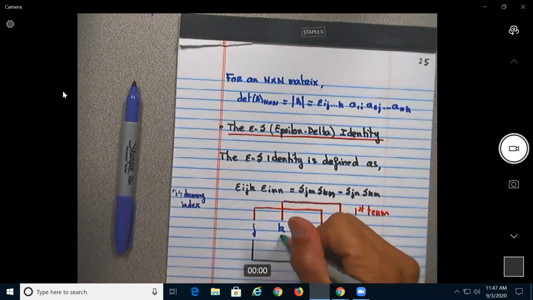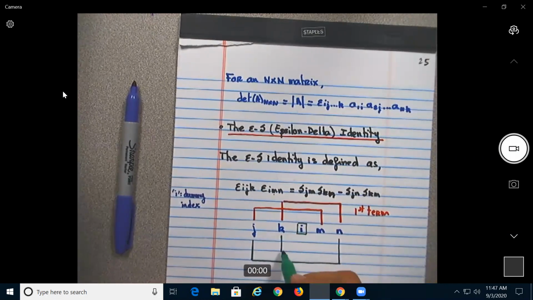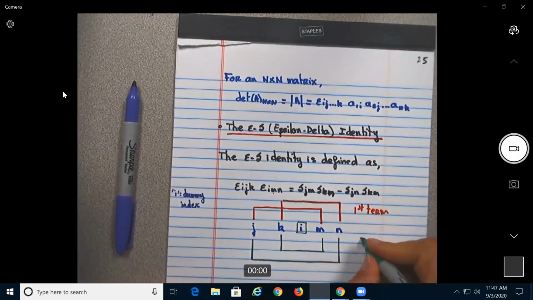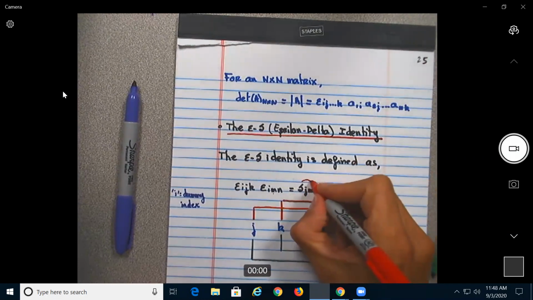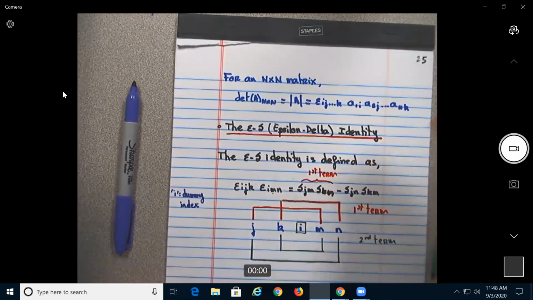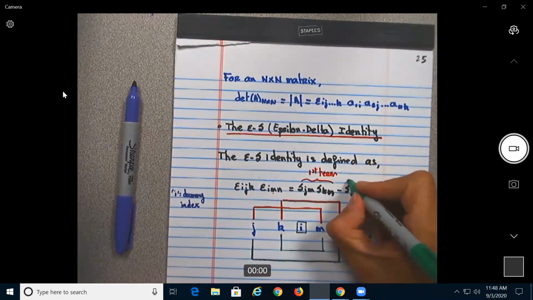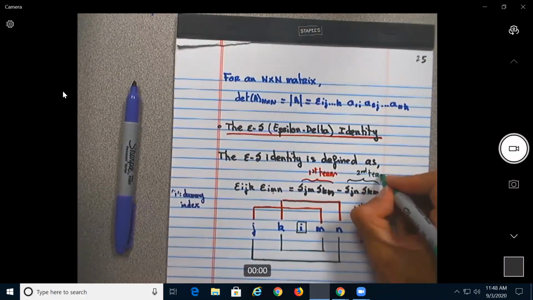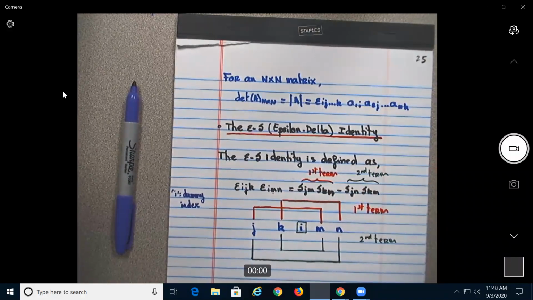So it will be K and M. So this will be the second term over here. So this is the first term. And here that would be the second term.